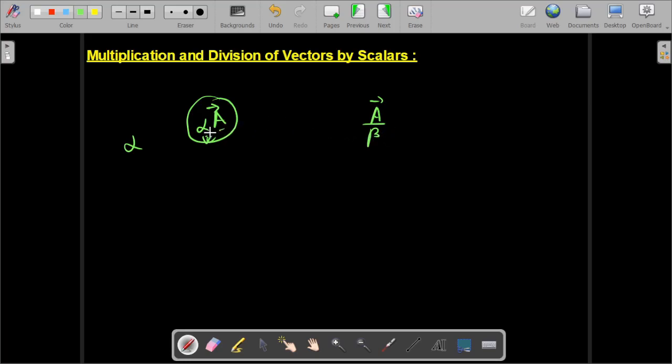You simply put the scalar quantity in front of the vector to multiply or divide in this way. Okay.